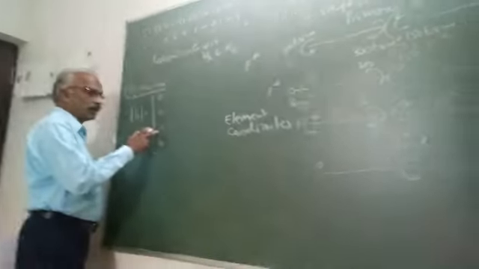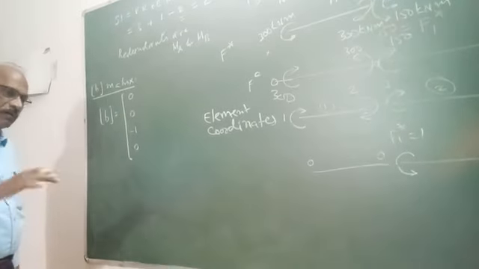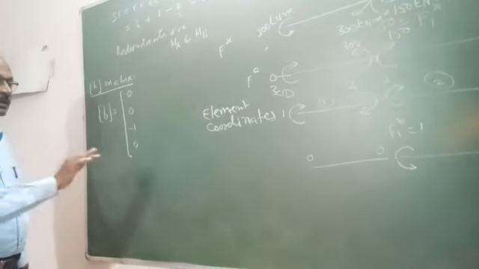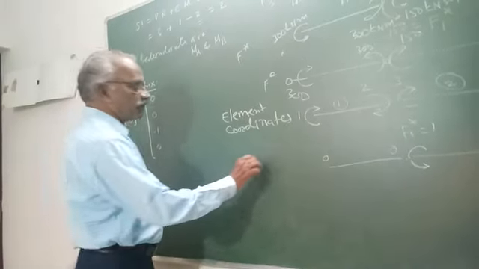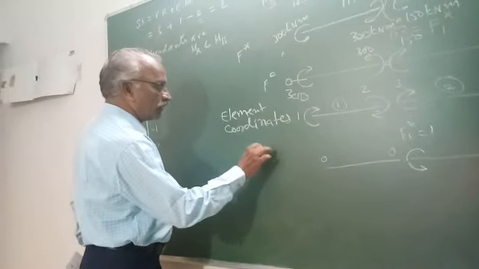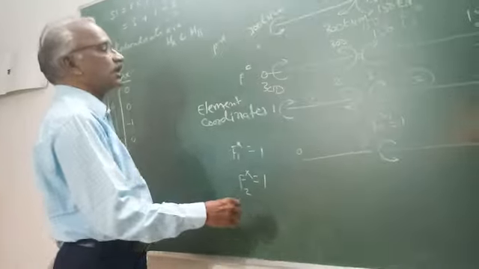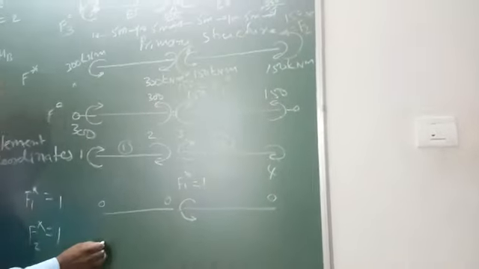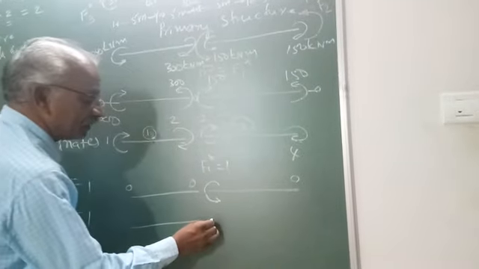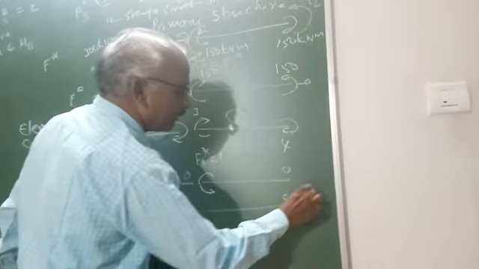This will be plus 1, so that need not be confused. All will lead to the same answer if the calculation is correct. So this is by applying F1 star equal to unity. Now apply F2 star equal to unity. F2 star is this one. These are the elements. Apply in the same direction equal to 1.